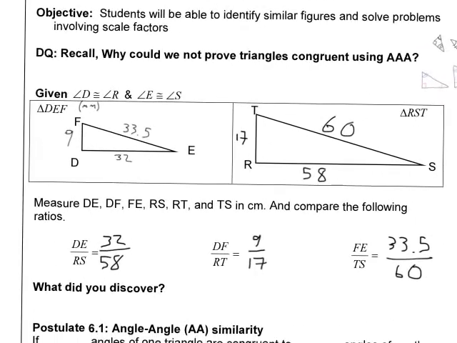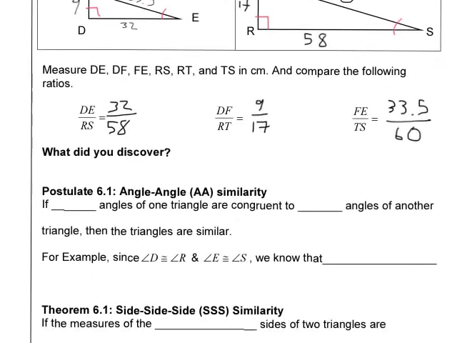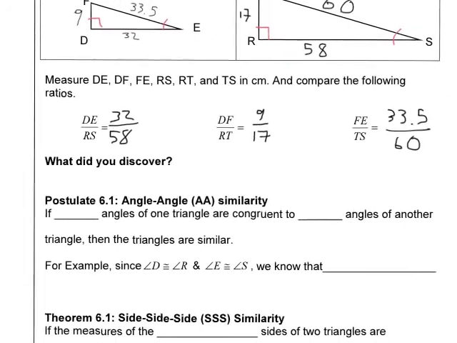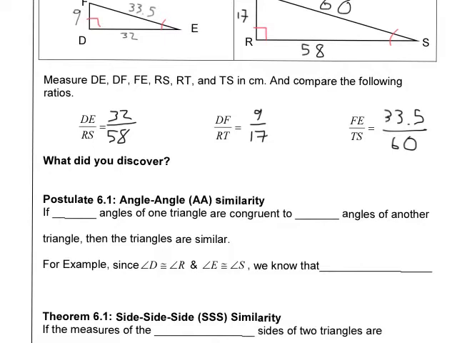And what did we start with? Well, we started with D being congruent to R and E being congruent to S. With only two angles, we were able to find that the triangles were indeed similar. So that's enough to say that with just two angles, the triangles are similar.